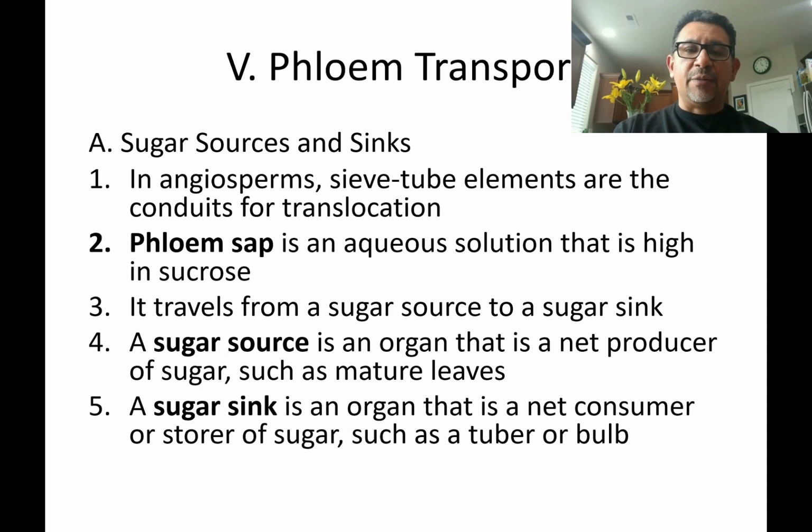The word sink here refers to organs in a plant, like maybe a modified stem or a modified root, where carbohydrates such as sugars are going to be stored. How does that transport happen from sugar sources to sinks? Let's take a look.